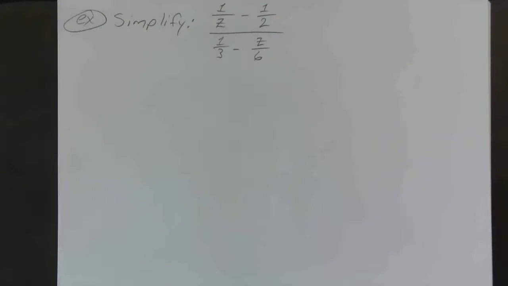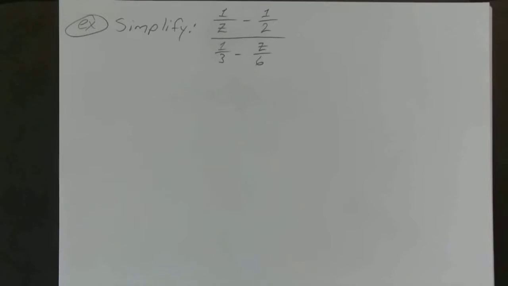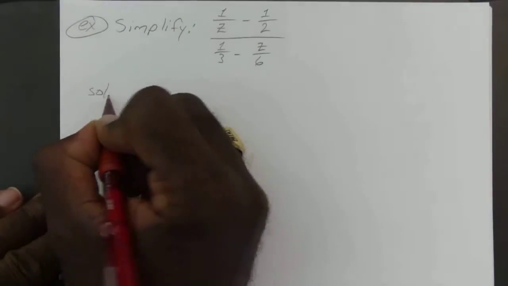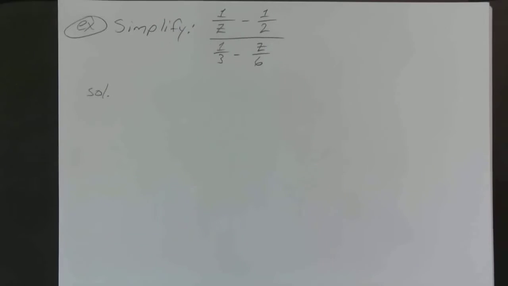I put a line through my z to kind of separate them, because if I'm writing too fast, my z will look like a 2, and everybody's all confused. Okay, so we have 2 fractions in the numerator and 2 fractions in the denominator. We don't want 2 fractions, we want just one, so we have to subtract those.